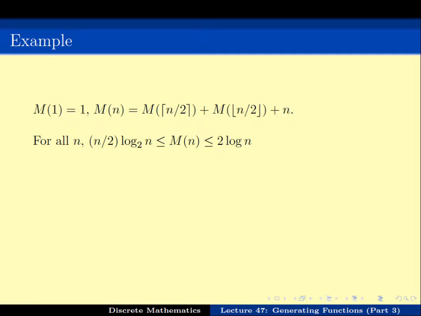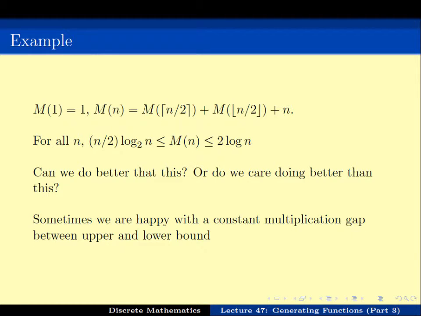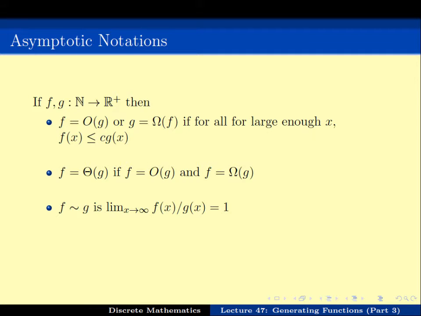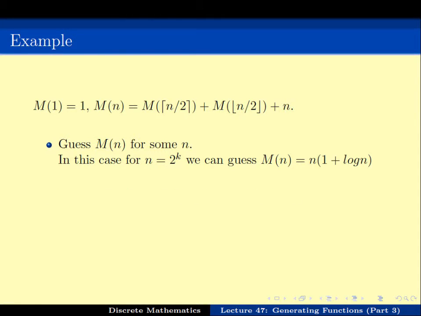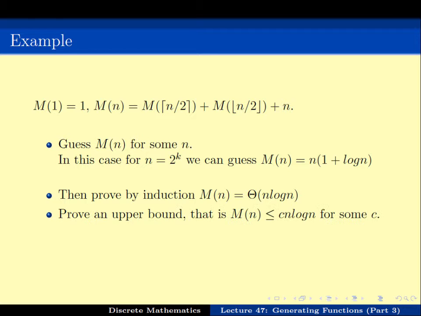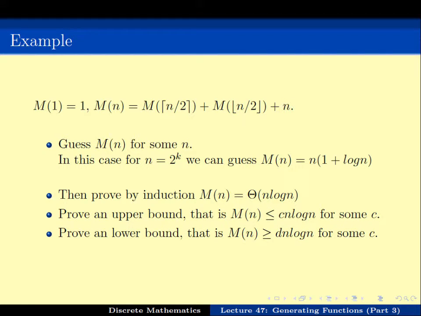We have seen that in that case we can upper bound and lower bound the function, and that would sometimes be good enough for us, at least asymptotically. So the idea is that you can solve it for some n and then prove using induction that the function is theta of some expression, by doing two kinds of inductions: induction for an upper bound and induction for a lower bound.